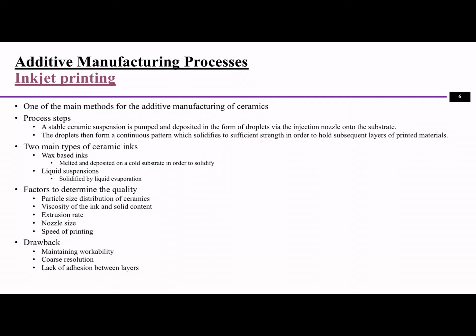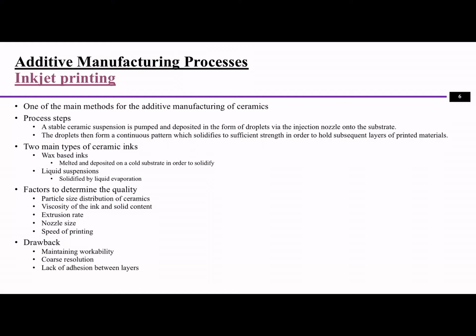All right, so I think the video talks a lot about this process and some of the factors that determine the quality: particle size distribution, viscosity of the ink and the solid content, and also the extrusion rate, the nozzle size, and speed of printing.